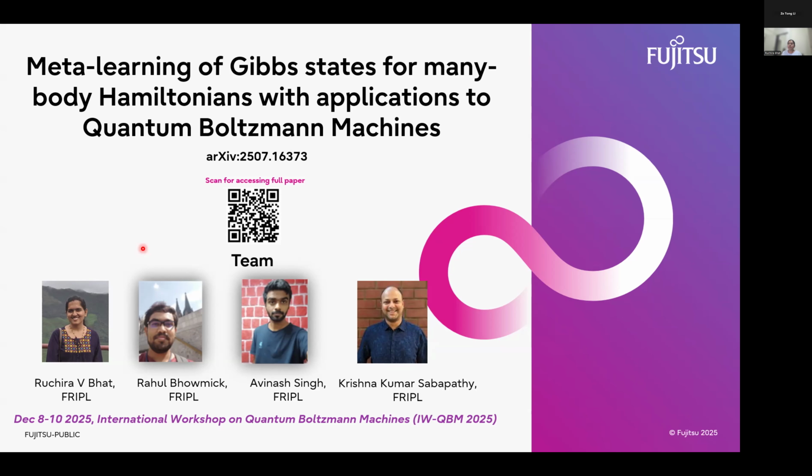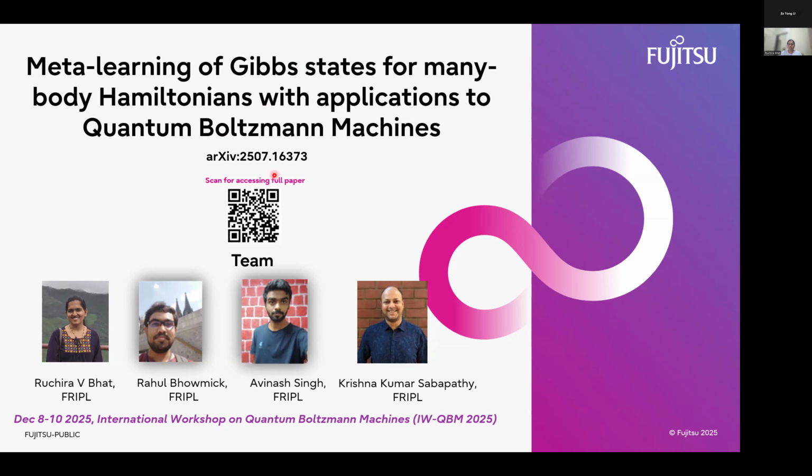So today I will give you all a brief idea on one of my recent works on arXiv, which is a new variational algorithm for Gibbs state preparation, where we are applying it for different many-body Hamiltonians, and how it is used to improve the training of a quantum Boltzmann machine.